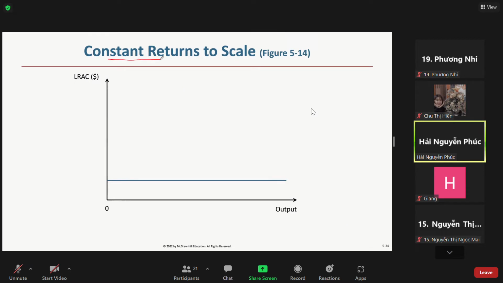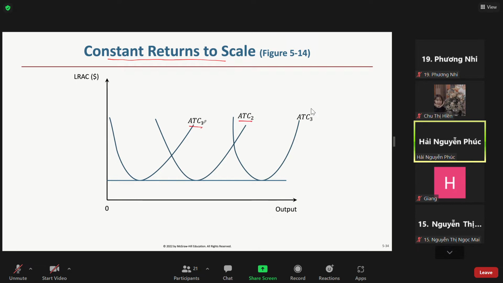What is constant return to scale? Constant return to scale actually means that we can change output without having to change the average cost per unit. So this situation can be illustrated as the following. For example, we have three short-run cost curves, ATC1, ATC2, and ATC3.